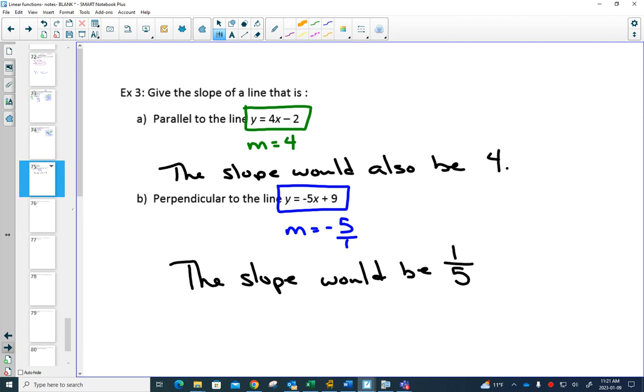And since the original is just a number, I can think of it as a fraction as 5 over 1. And then I still can flip it to be 1 over 5. And since the blue slope was negative 5, my perpendicular one will be positive 1 over 5. So we have the idea of negative reciprocals there.